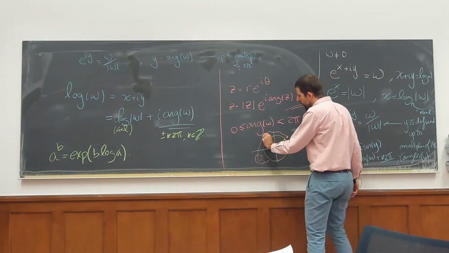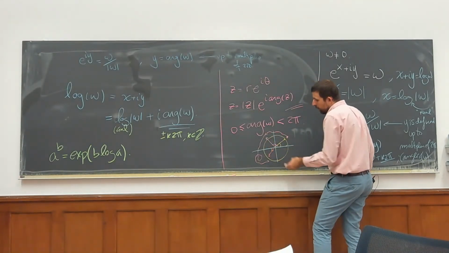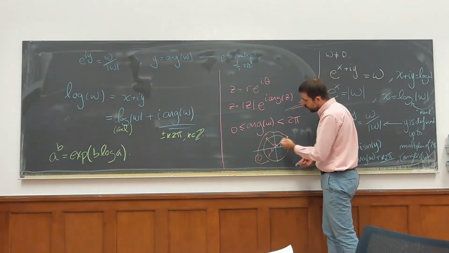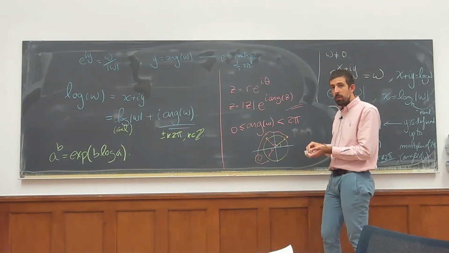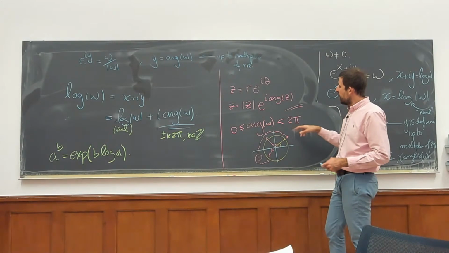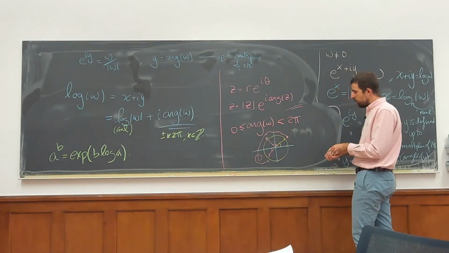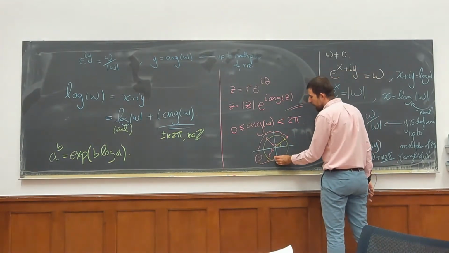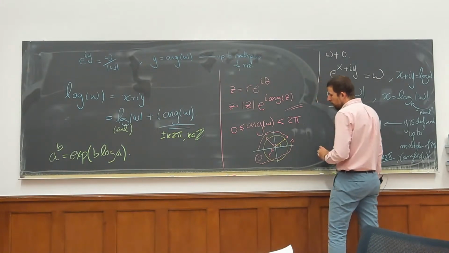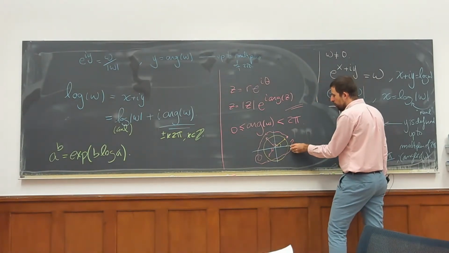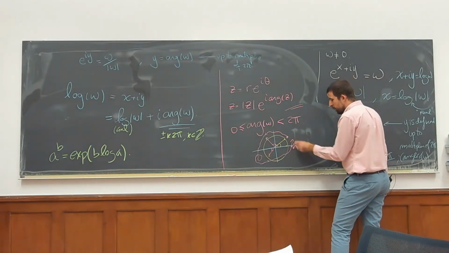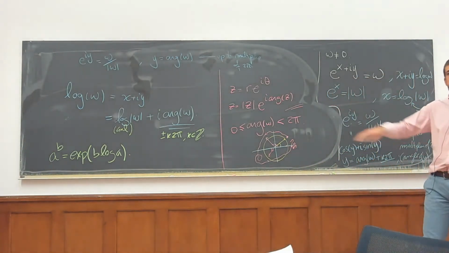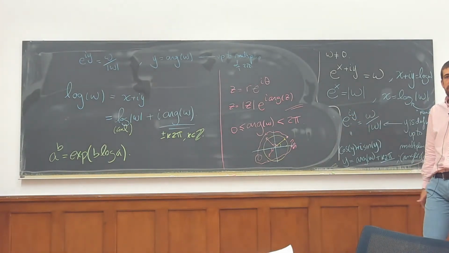And as I go, the radius, the distance to the center, for sure changes continuously, and so does the angle. But if I define the angle as always being between these two values, when I go up here, the angle needs to jump from 2 pi to 0. And so this creates some kind of discontinuity.